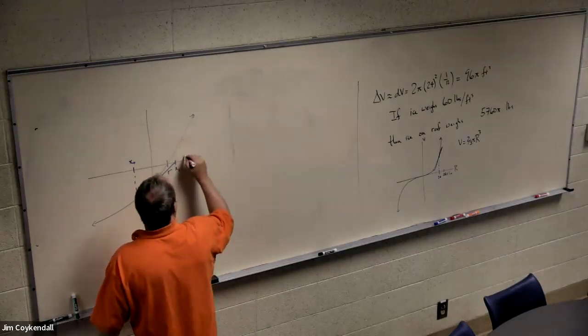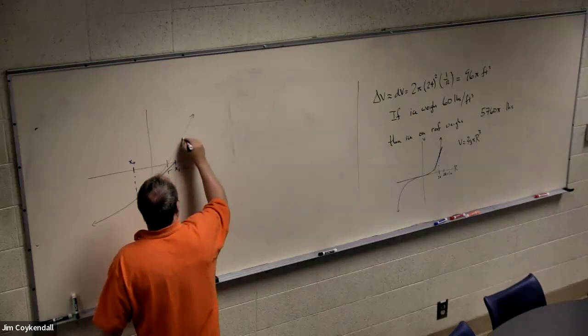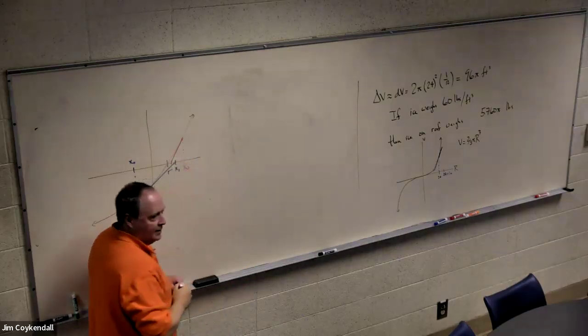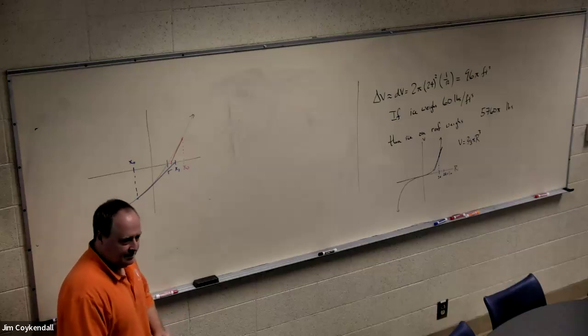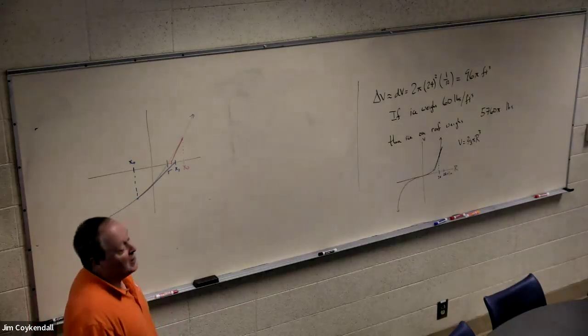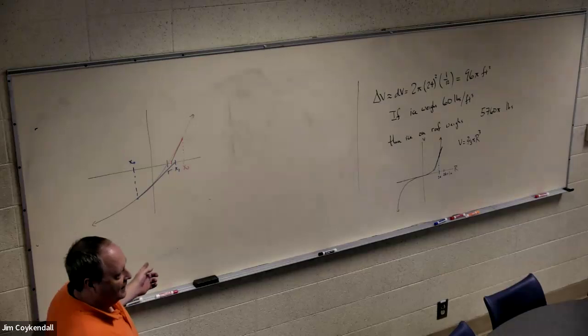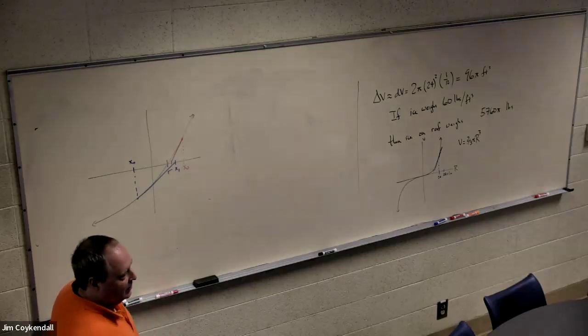Say x0 is here. x1, smaller or larger? What's the answer? There's not enough information. I told you. So for this function, no matter what, the next approximation will always be larger.